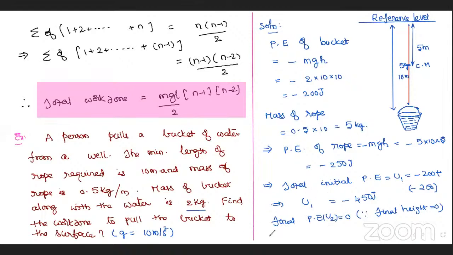Then I think you can understand that work done equals U2 minus U1, 0 minus of minus 450, that equals the answer. I think all of you understood, that is 450 joules. Is it correct, Anna? Plus 450 or minus 450? Plus 450. So work done equals plus 450. Very good.